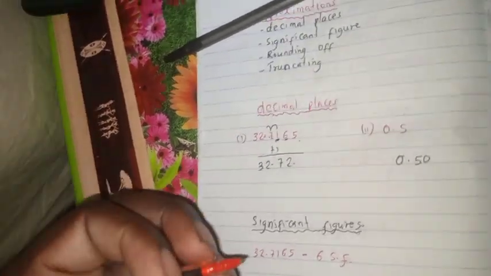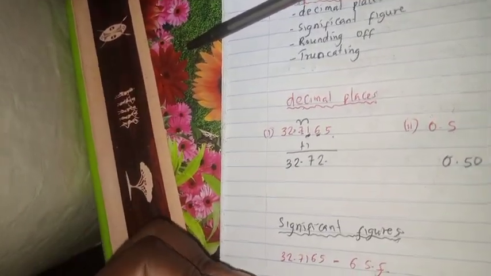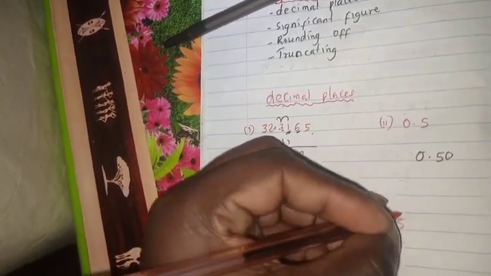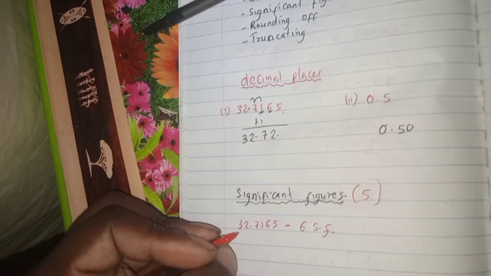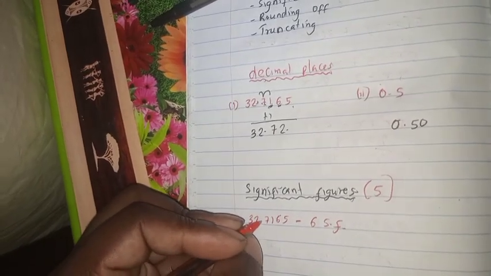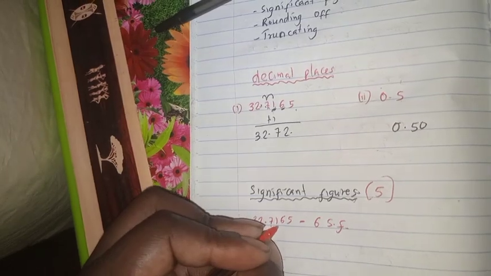Now if the question has asked us to write to 5 significant figures, then it means we are going to count 1, 2, and then after the decimal 1, 2, 3, 4, 5.